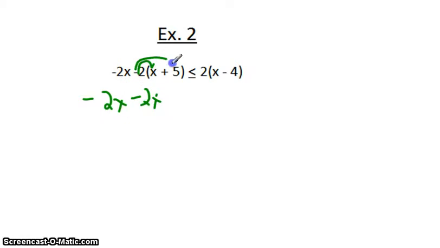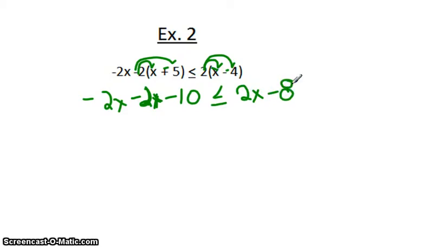I'm going to distribute a negative 2, so I have minus 10. Is less than or equal to, I'm going to distribute this 2x, so I have 2x. I'm going to distribute this 2, so I have minus 8. I've got rid of my grouping symbols.